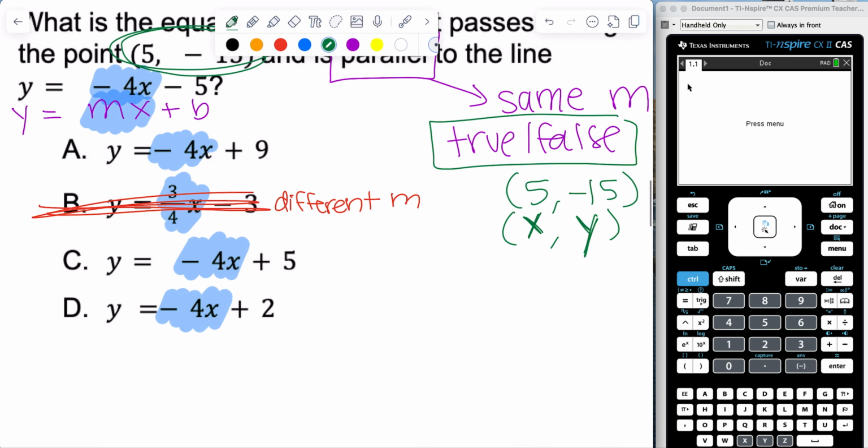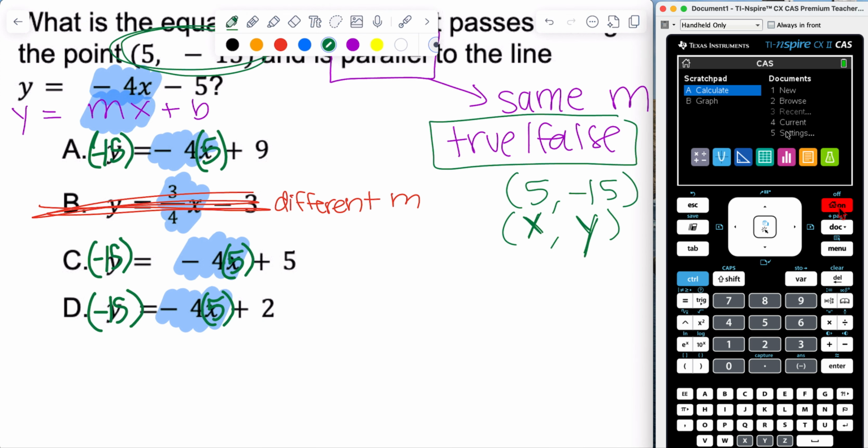So wherever I see x, I'm going to put a 5. Now, anywhere I see a y, I'm going to put -15. Now that I have that, I'm going to go to my calculator, go to the home screen.